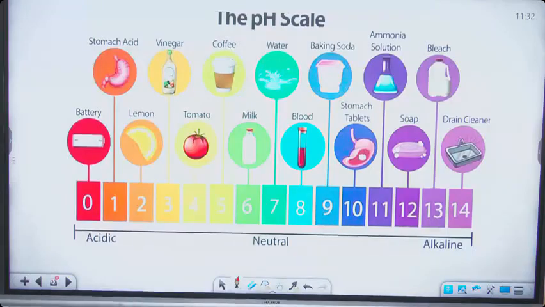Then blood pH value 8. Baking soda pH value 9. Antacids, we call them stomach tablets or antacids, both mean the same. Stomach tablet or antacid pH value 10.